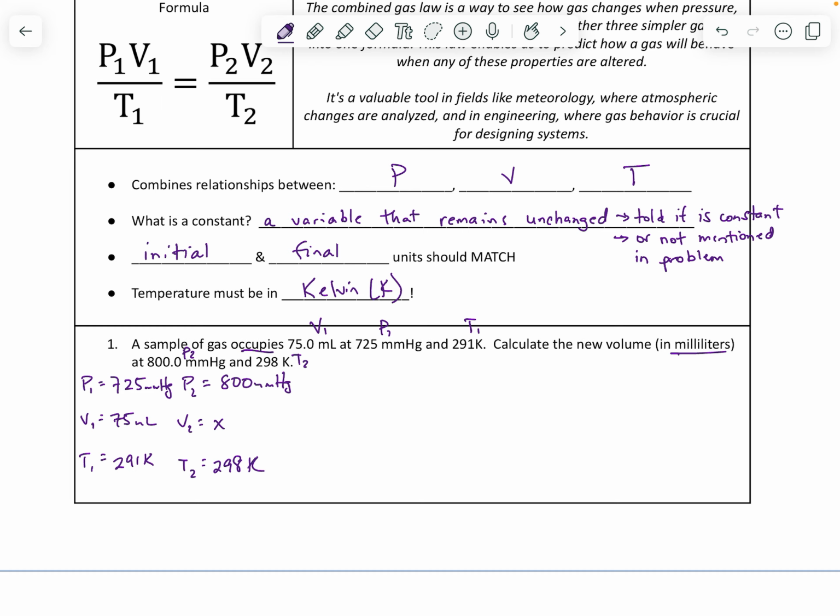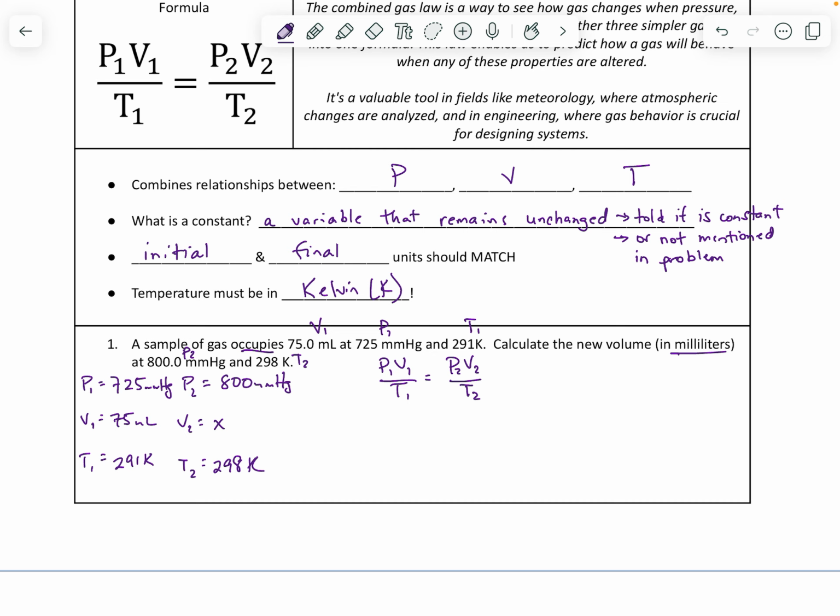So what does this look like? It is just using the above equation. Now notice all variables are mentioned in some capacity, and nothing was told to be constant, so we have to use the entirety of the formula. So here's P1 V1 over T1 equals P2 V2 over T2. And then we're just plugging in what we know and what we don't know.